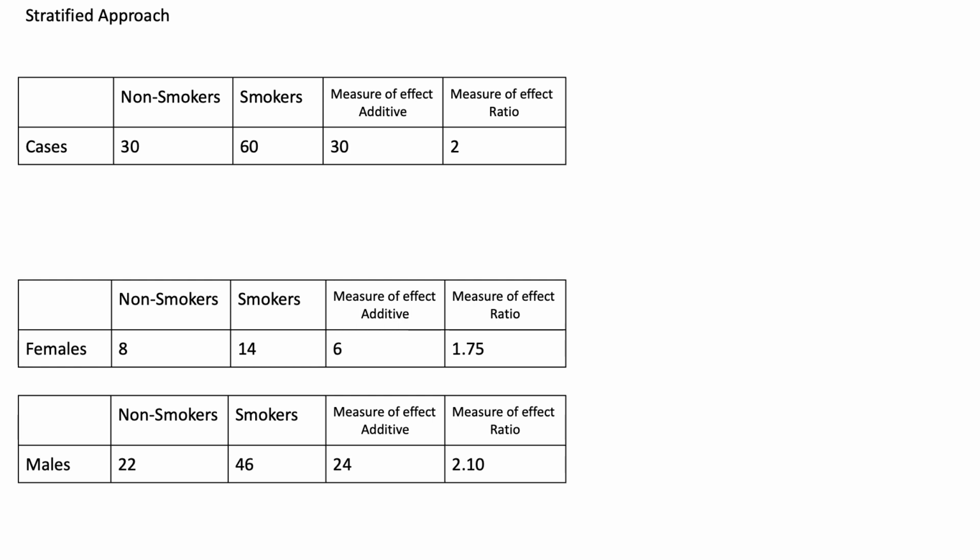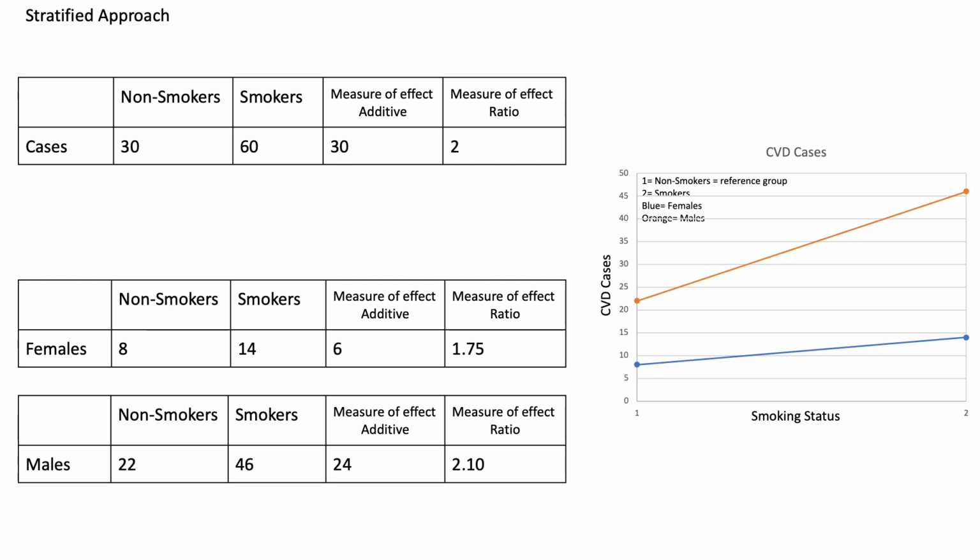So the effect of smoking on cardiovascular disease is modified by sex, which is males and females, on the additive scale, but also on the ratio scale depicted in the last column. This can also be viewed on the graph on the right, and now you can see that the orange line representing the males is a little farther than the blue line on the bottom representing females if you compare it with my previous slides.